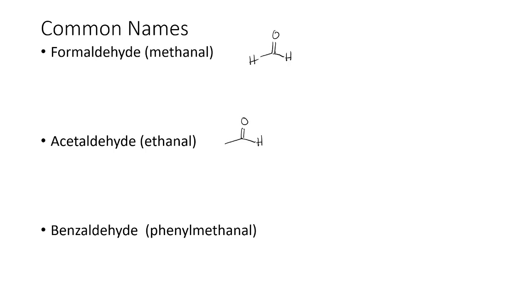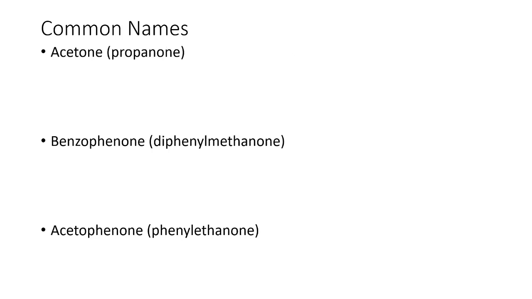Benzaldehyde or phenylmethanal is where we have our benzene ring associated with the one carbon aldehyde unit. We can then also have acetone, which would be propanone. So we have a 3-carbon chain with the carbonyl in the middle. There's no locant needed for this ketone, because if we put the carbonyl in any other position, it would be an aldehyde and not a ketone.